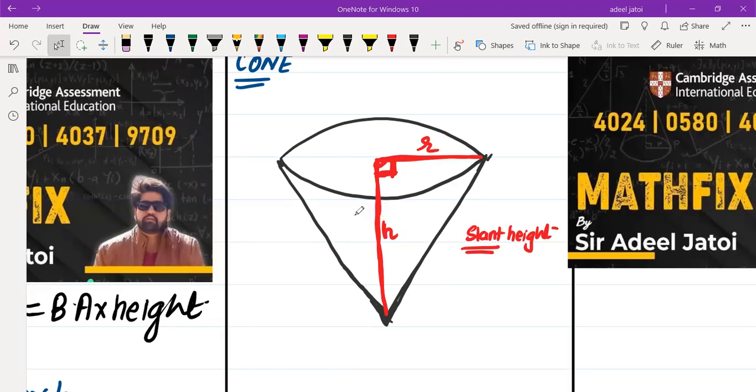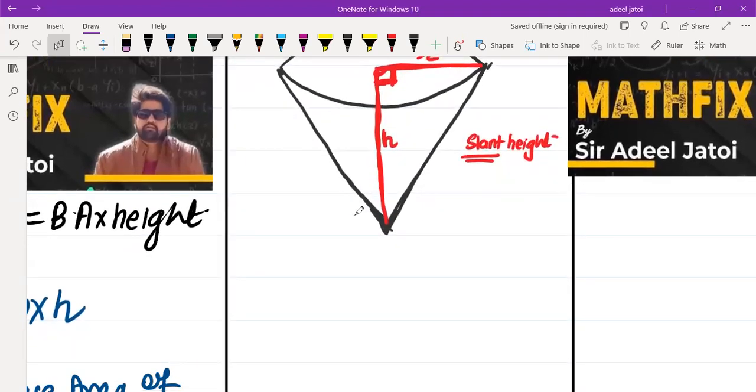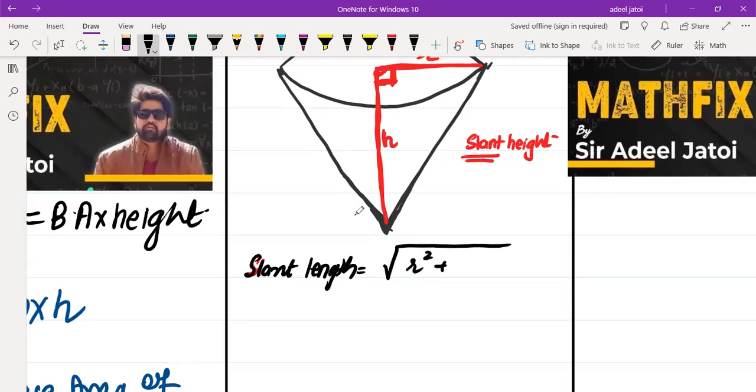So whenever you have a cone, the first thing you need to understand is that when you need to find out the slant length or slant height, you need to use Pythagoras theorem, having r square plus h square.